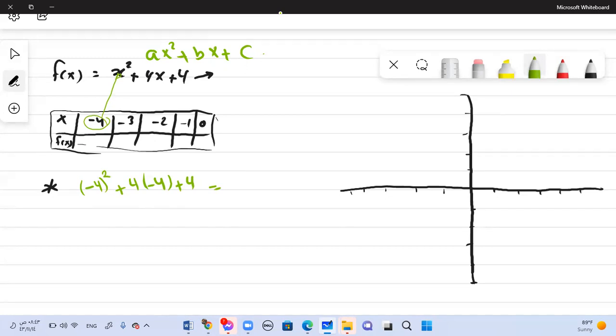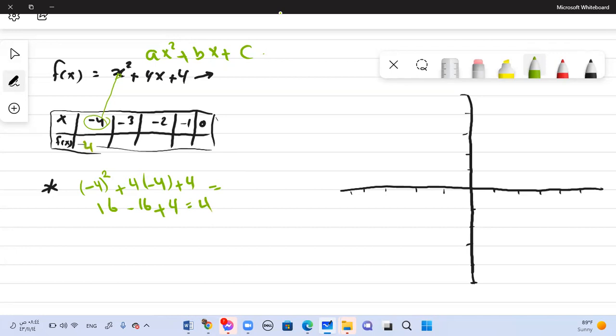If we don't open the bracket, the answer will be wrong. Open the bracket: (-4) squared plus 4 times (-4) plus 4. Or 16 minus 16 plus 4. Without a calculator, the answer will be 4. Okay, so step by step.